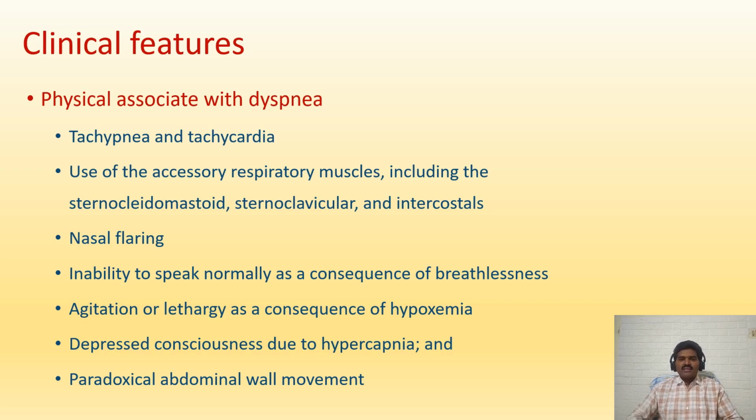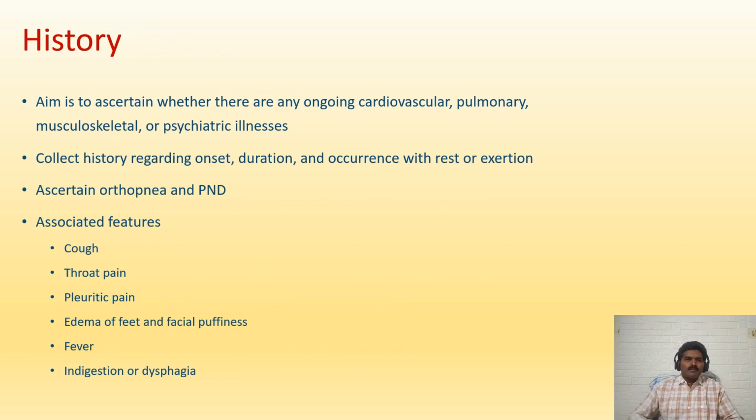Most important historical features that you need to ask are as follows. The aim of taking history in a patient with respiratory distress is to ascertain whether there are any ongoing cardiovascular, pulmonary, musculoskeletal, or psychiatric illnesses. You need to collect history regarding onset, duration, and occurrence of breathlessness with rest or exertion. Ascertain orthopnea and PND.